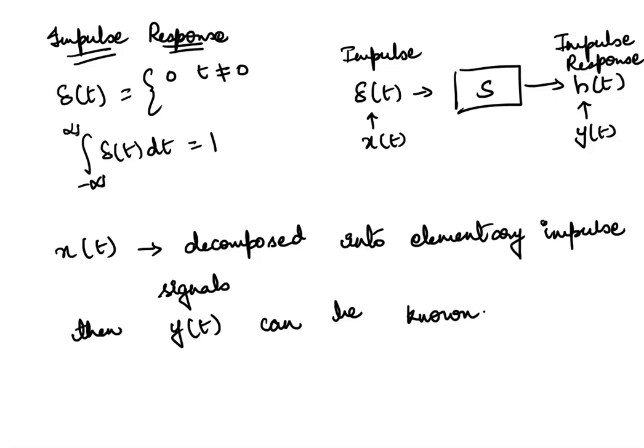Now what is the basic concept behind it? First, let us see how x of t can be decomposed into elementary signals. We will try to understand that by going into the discrete domain. That is much easier to understand. So when we say discrete domain, we are talking about x of n rather than x of t.